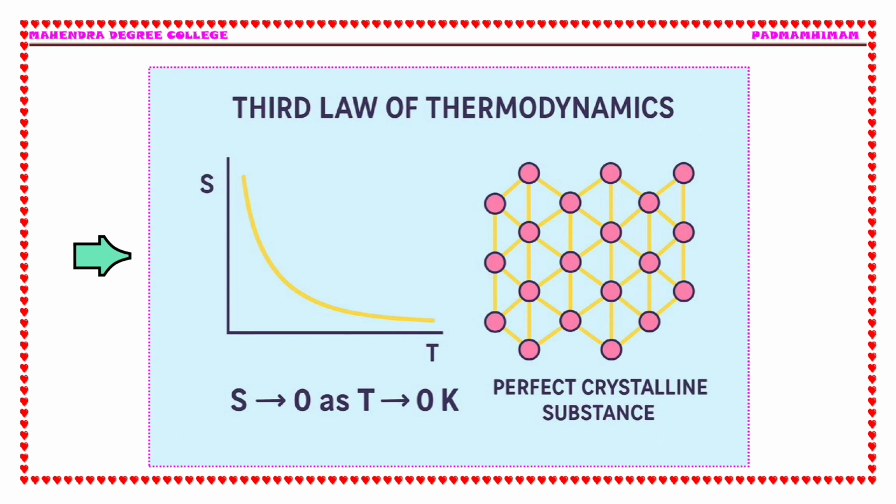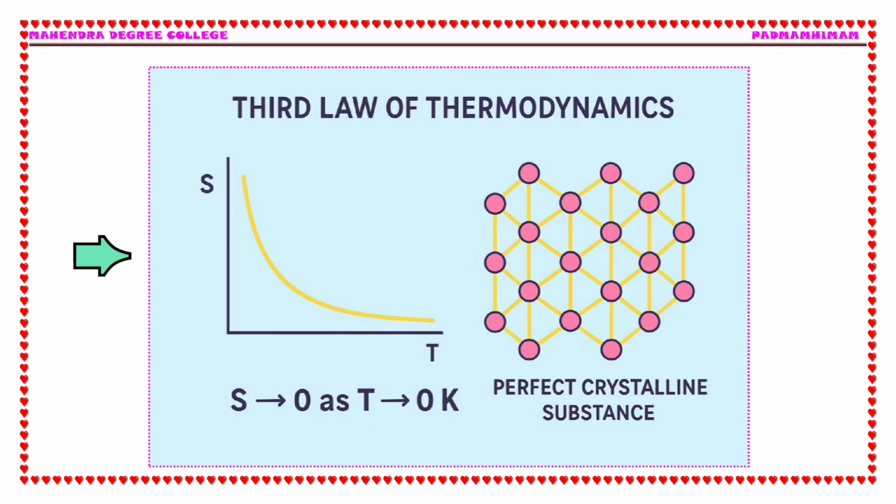This mathematical expression shown in the image represents the core of the third law. Here, S denotes entropy and T denotes temperature in Kelvin. It signifies that as the temperature of a system approaches absolute zero, its entropy also approaches zero.